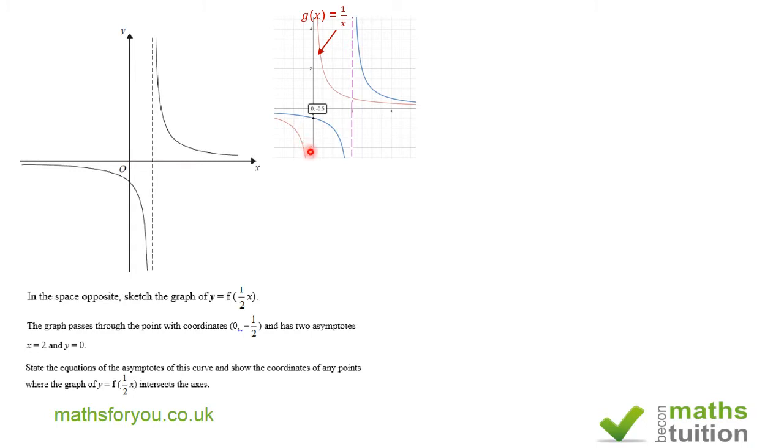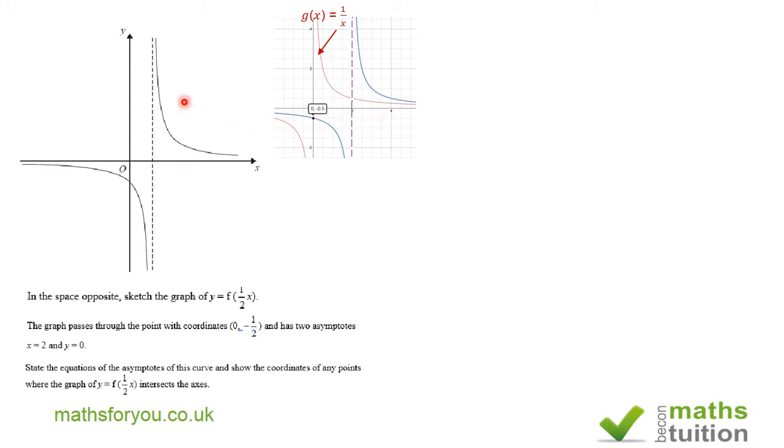For this graph of g of x, the asymptote is the y-axis, or the line x is equal to 0, as a vertical asymptote. Now the horizontal asymptote is y is equal to 0, which is the x-axis.